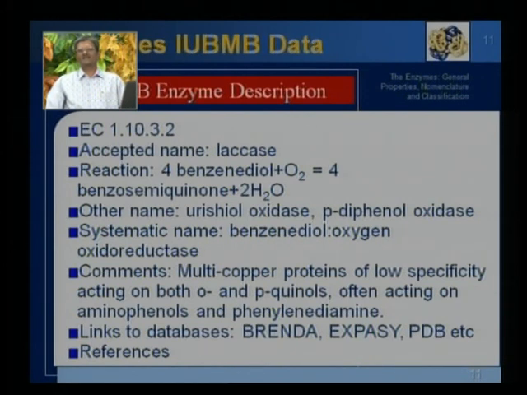That means the enzyme can recognize a number of different substrates which are of phenolic nature, and it could be ortho or para type of quinols, and the enzyme makes no distinction among this type of compounds because it has lower substrate specificity.